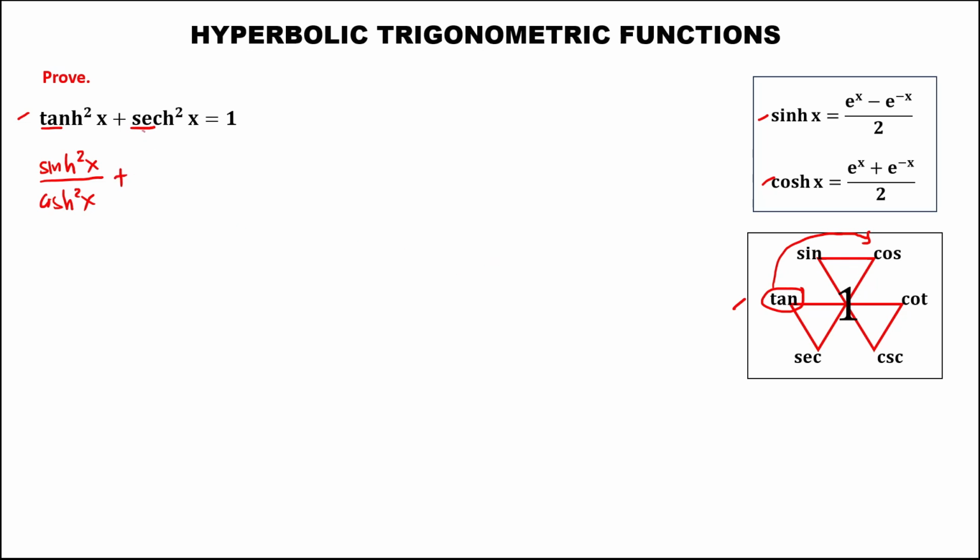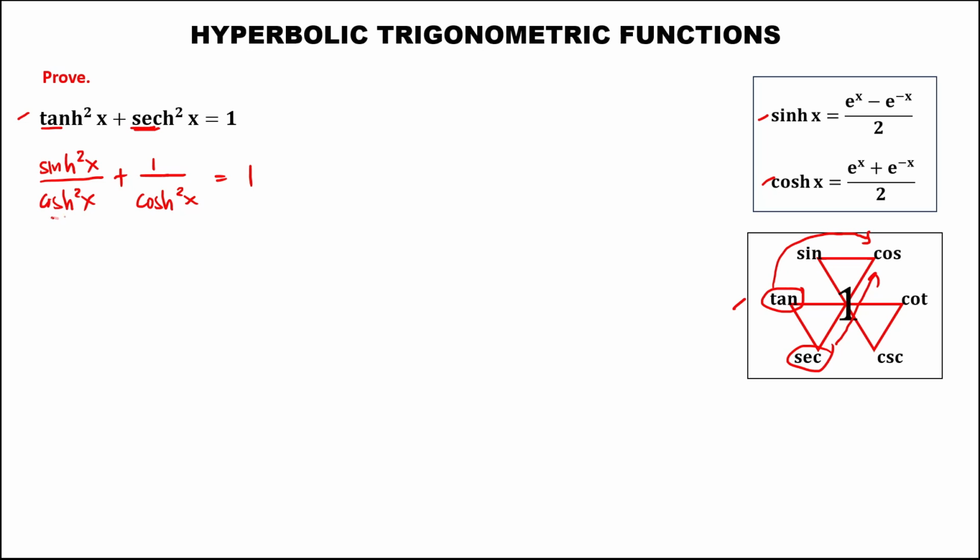then plus this hyperbolic secant squared. Since secant is equal to 1 over cosine, this is 1 over the hyperbolic cosine squared x, and this is equal to 1.